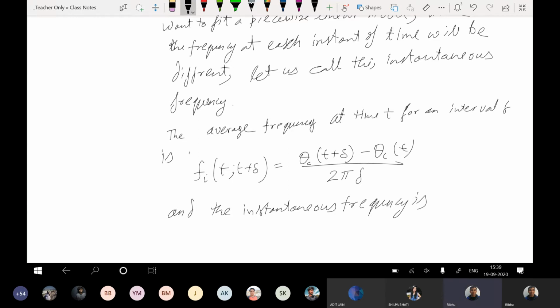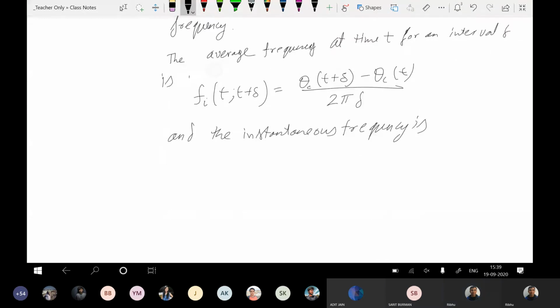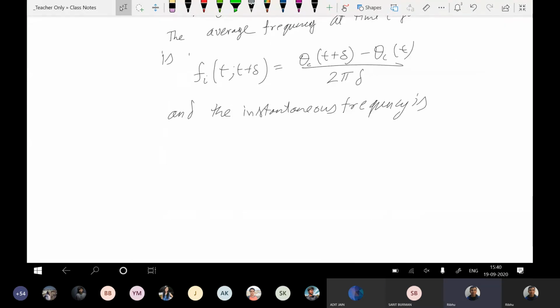So where are we going in this? Derivative. Yes, derivative. And the instantaneous frequency is f_i.